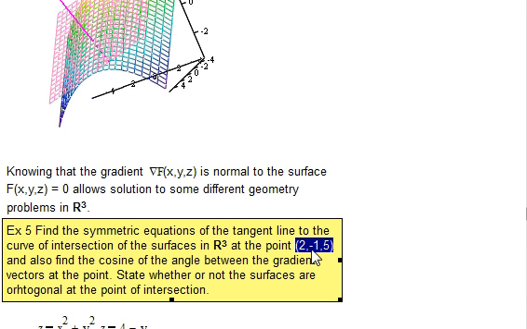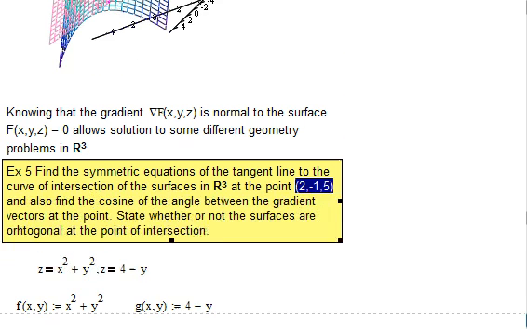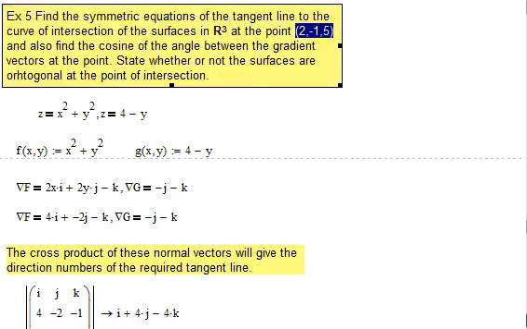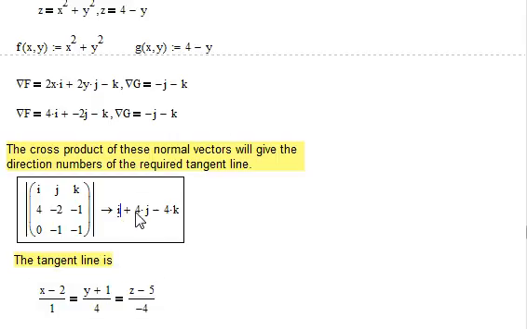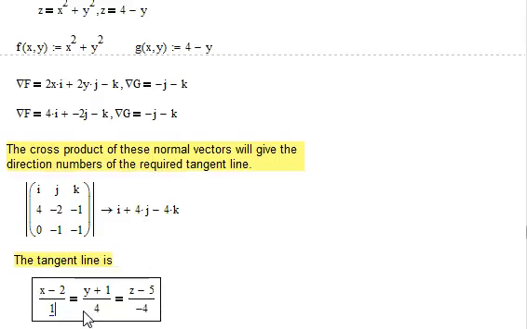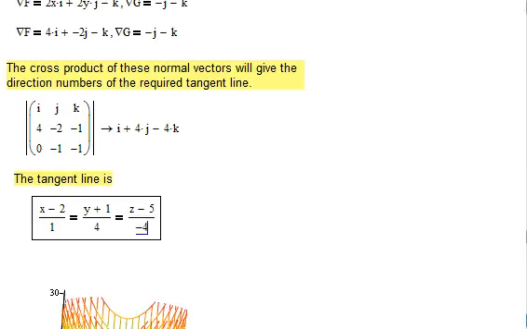Keep in mind, partly that's from the point 2, -1, 5. See? Where we use the 2 here, the -1 here, and the 5 here. And the direction numbers, which came from this cross product, 1, 4, and -4, and there they are in the denominator. So that's the symmetric form.